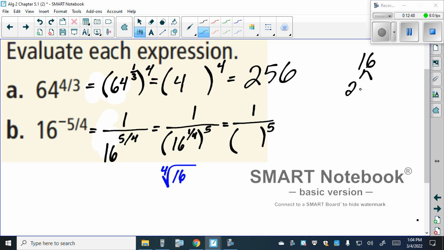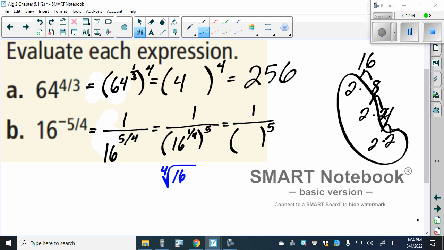If we look at a factor tree, 2 times 8 is 16. 8 is 2 times 4, and 4 is 2 times 2, which gives us a total of 4 2's. So the 4th root of 16 is 2.